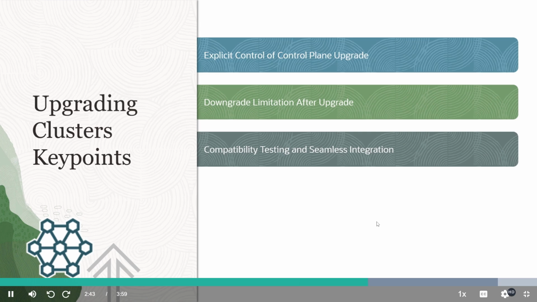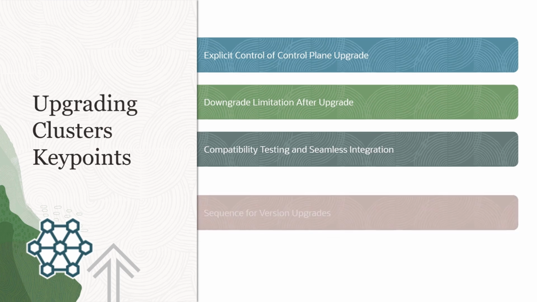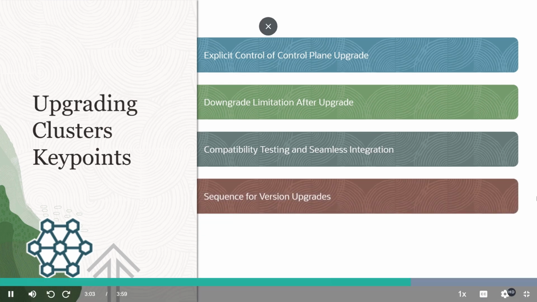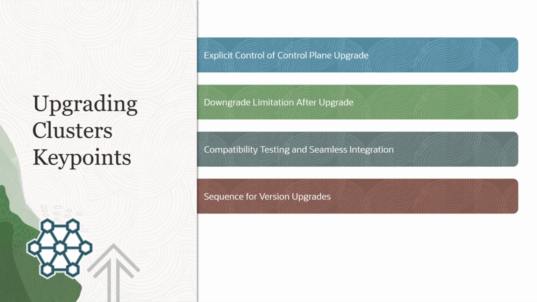Moving on, testing is paramount. Before you embark on the upgrade journey, it's your responsibility to test your applications for compatibility with the new Kubernetes version. This step ensures a smooth integration between the control plane and worker nodes. As you consider versions, especially if your control plane is a bit behind, the system offers you a choice of versions to upgrade to.